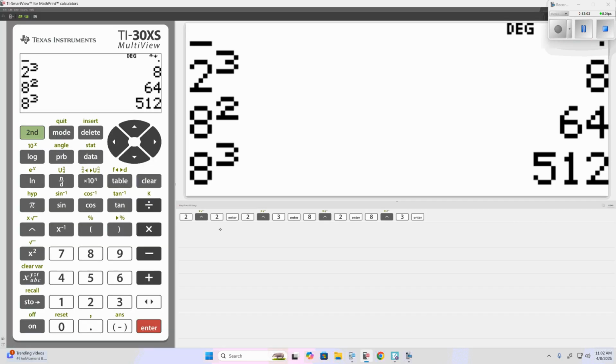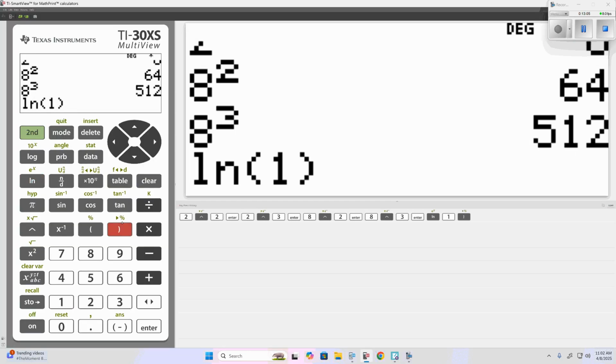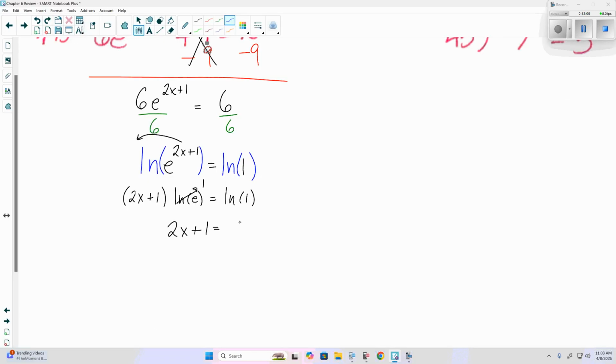Natural log of e is 1. Natural log of 1 is 0. Log of 1 is also 0.